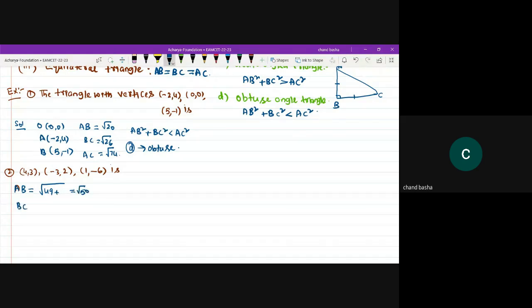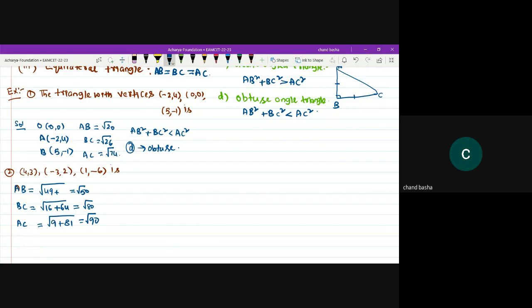BC is equal to the square root of 4 squared, 16, plus 64, that is 8 squared, so the square root of 80. AC is the square root of 3 squared, 9, plus 81, the square root of 90.